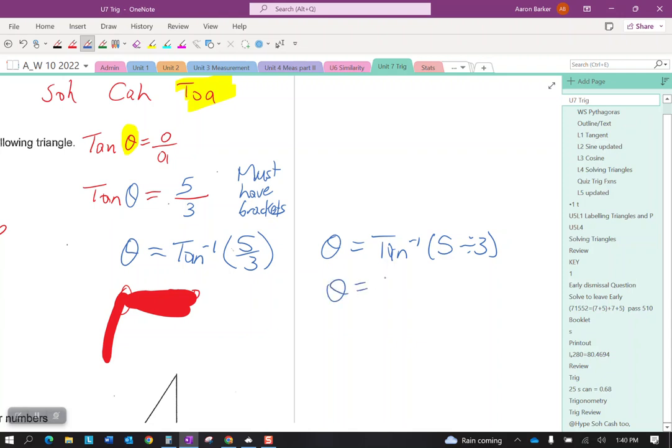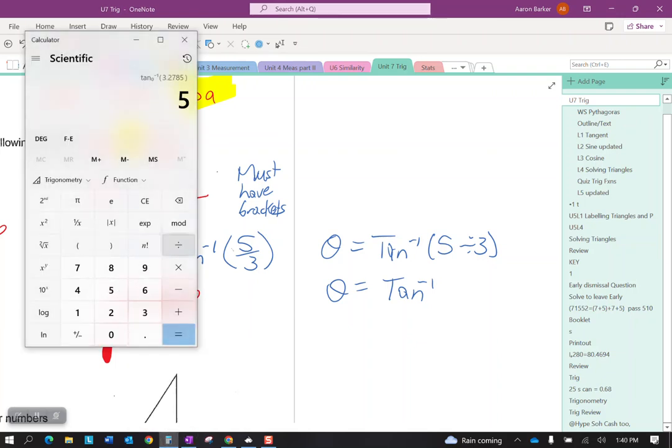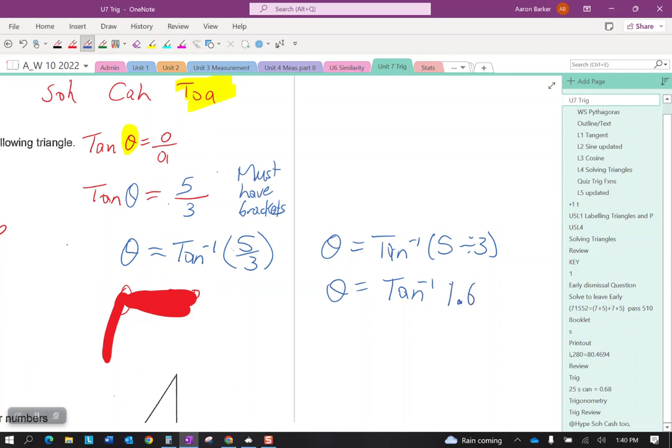But some people like to keep it old school and go 5 divided by 3 equals, and then write down 1.6666. So you have option 1 in yellow, option 2 in blue, option 3 in pink or violet, whatever that is. I'm colorblind. So I would do either option yellow or option blue.